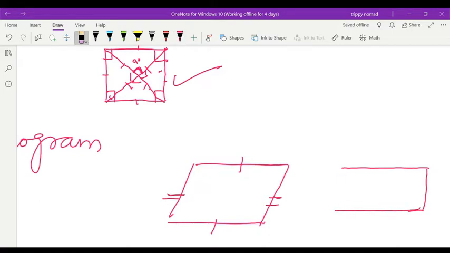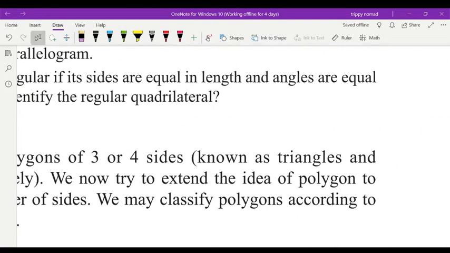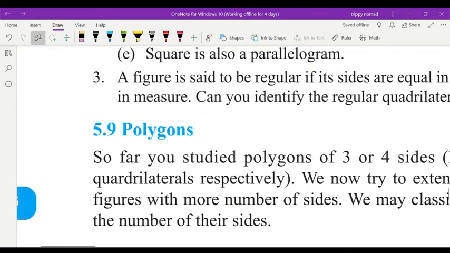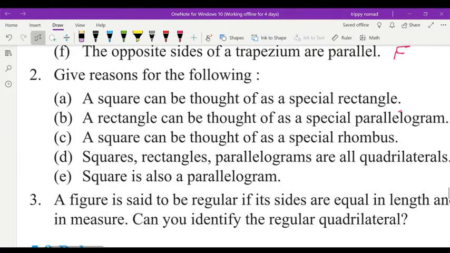So you have seen that the rectangle also fulfills the property that opposite sides are equal and parallel. So the rectangle fulfills the properties of a parallelogram. So a rectangle is one kind of parallelogram.